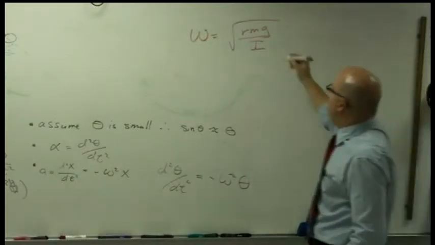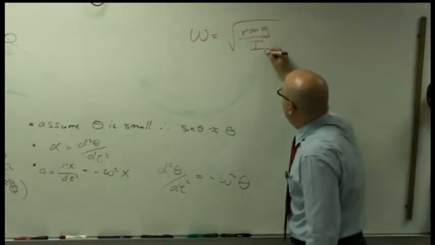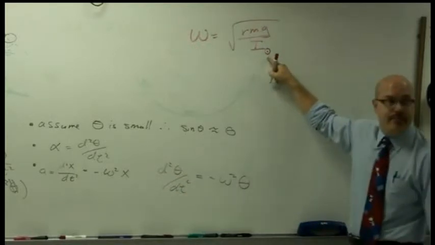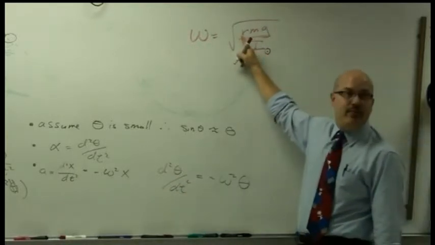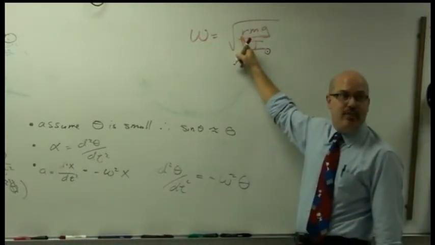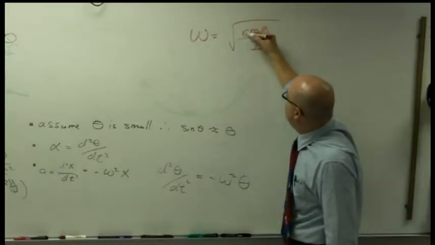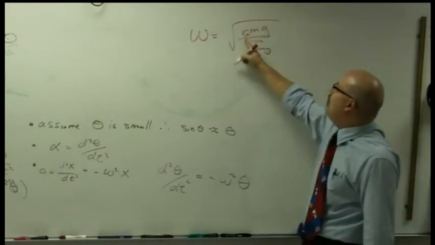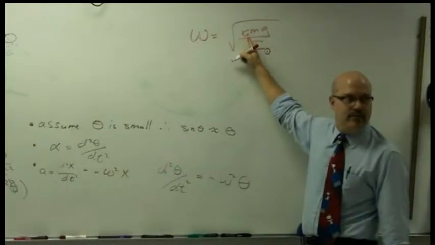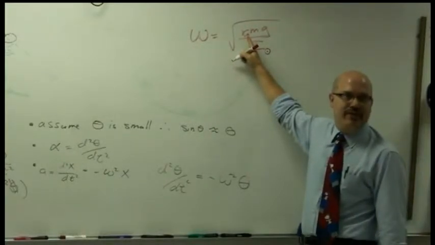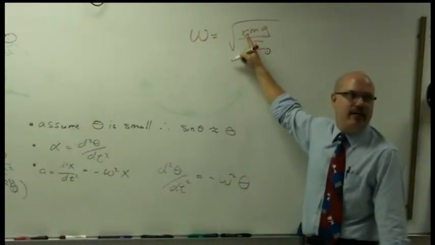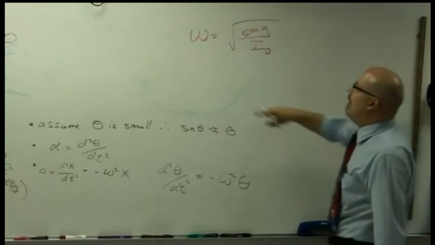Now, everybody, this I is the moment of inertia about the pivot point. And this R is the radius from the pivot point to the center of mass, so R_CM. In a lot of books, they'll just call that d, the distance to the center of mass, if you'd like. Same thing. Now we've got one last step.